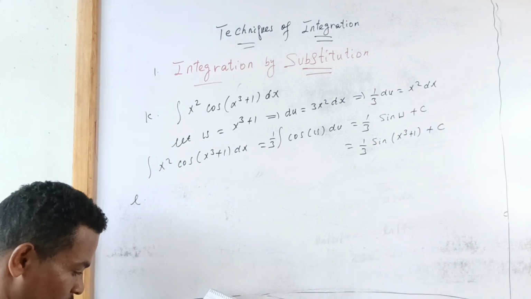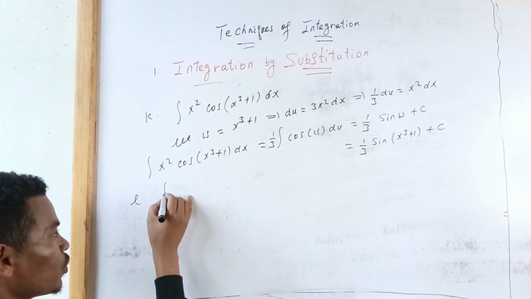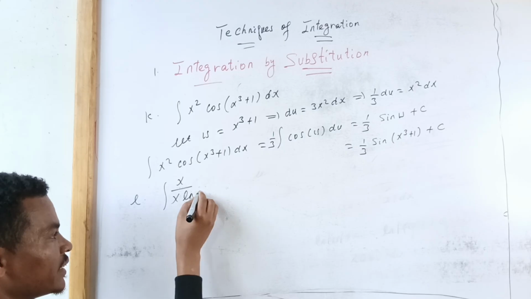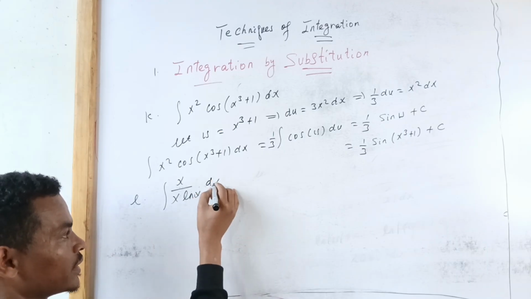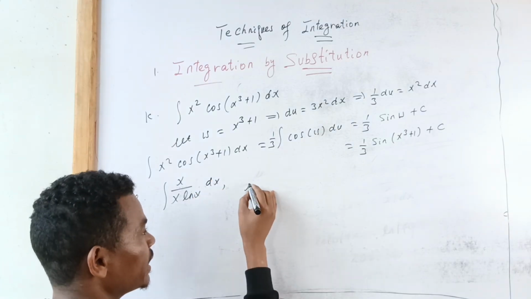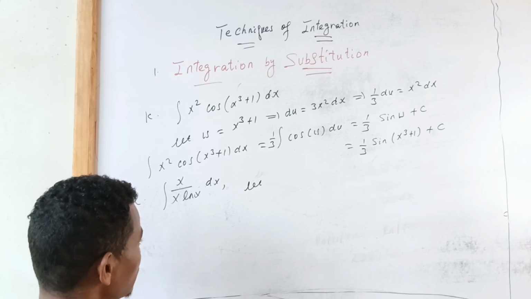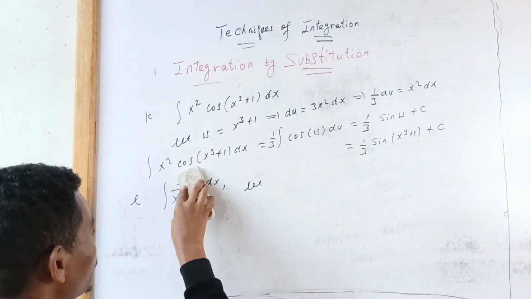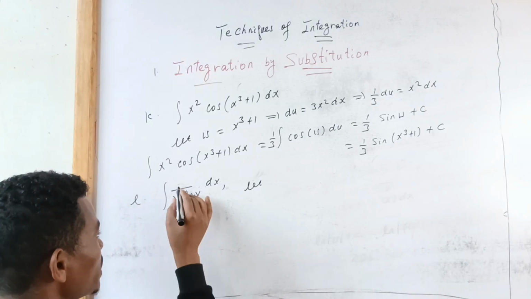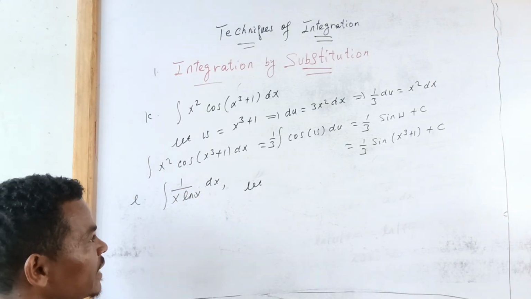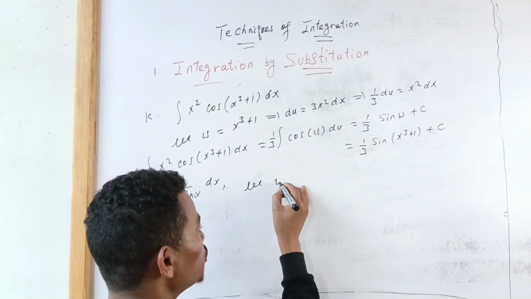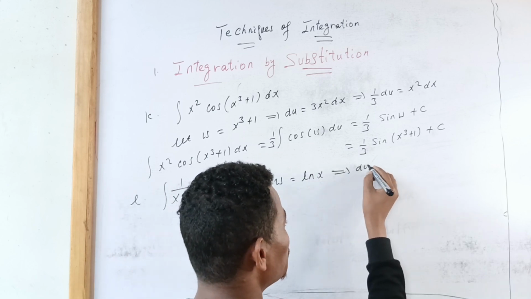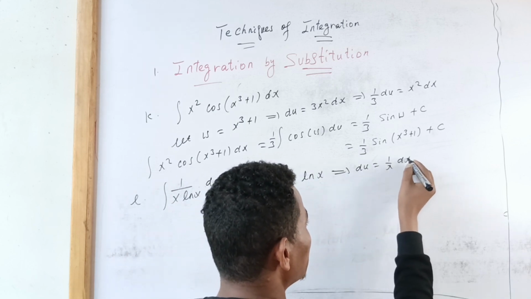Okay, integration of 1 over x ln x dx. Again, to solve this one, now let u is equal to ln x. This implies du is equal to 1 over x dx.